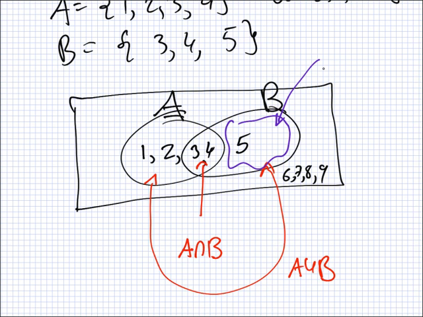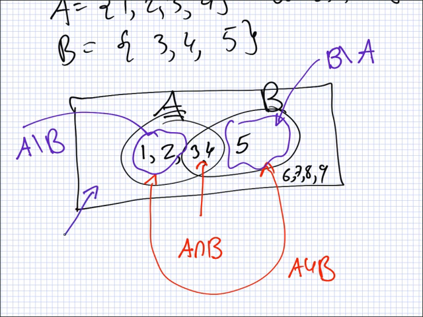B less A. And this piece here? A less B. And what about on the outside? It's A union B complement. It's everything not in A or B.